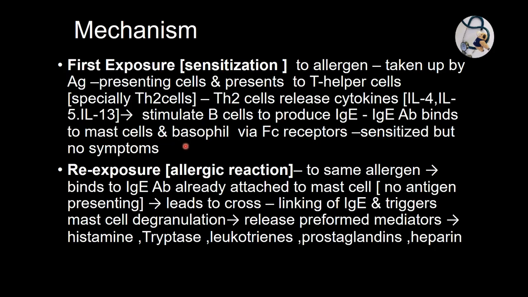During this phase, the patient remains asymptomatic. There are no symptoms. Then if the person gets re-exposed to the same allergen, the allergic reaction starts. Soon after exposure to the same allergen or antigen, this antigen binds to the immunoglobulin E antibody, which is already attached to the mast cell during the sensitization, and there is no antigen presenting phase.